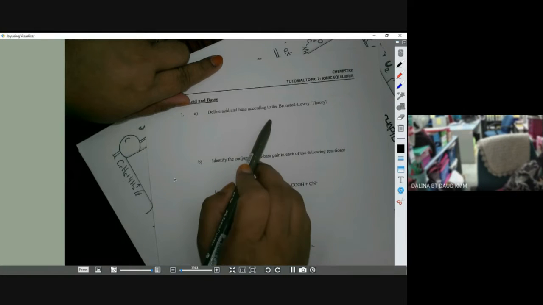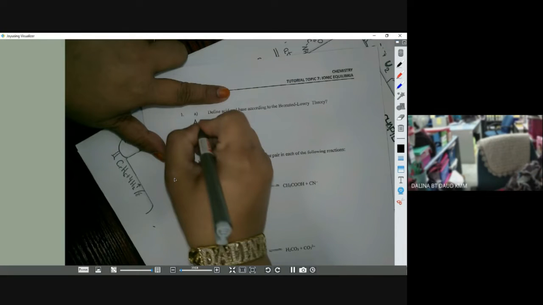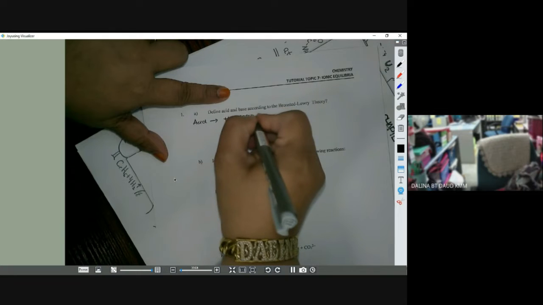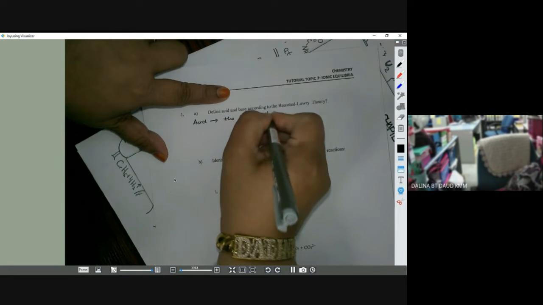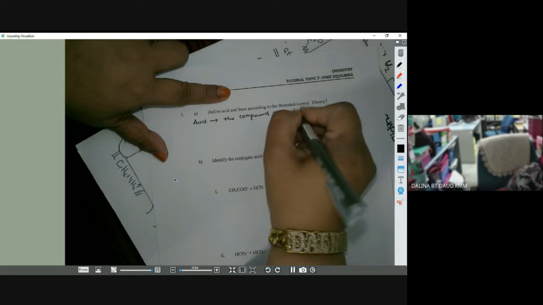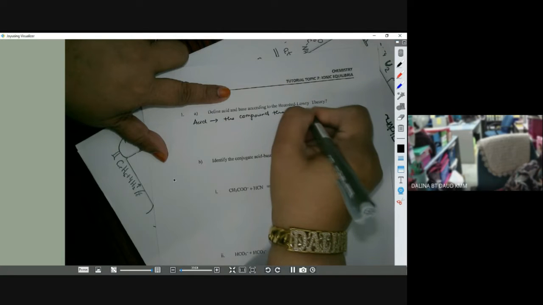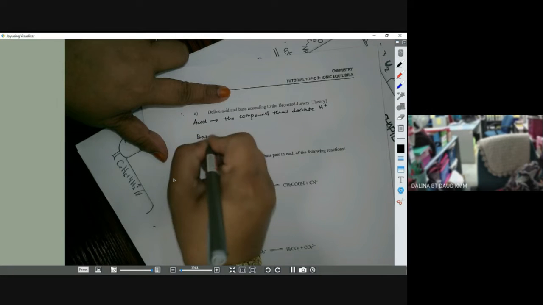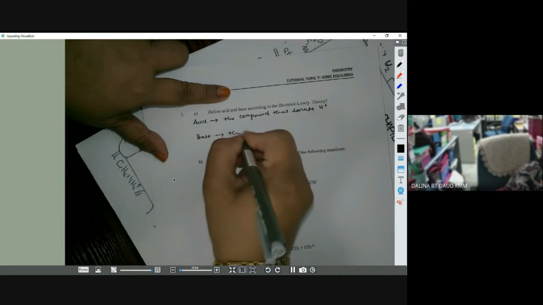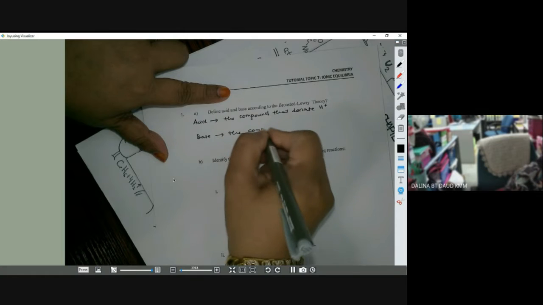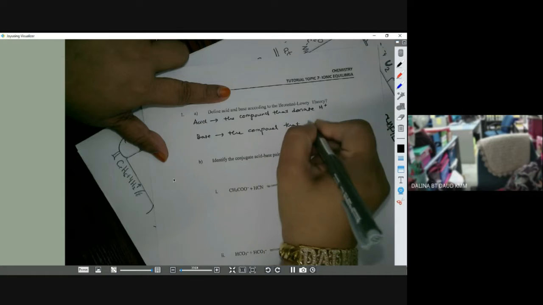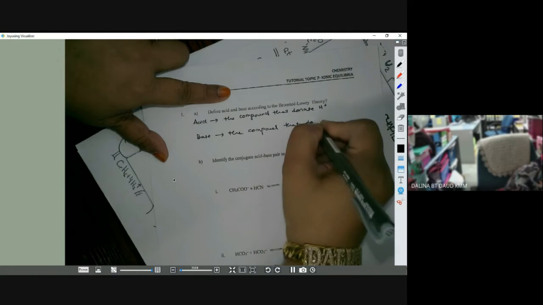Okay. Acid, the compound that donates H+. While base, the compound that accepts H+.